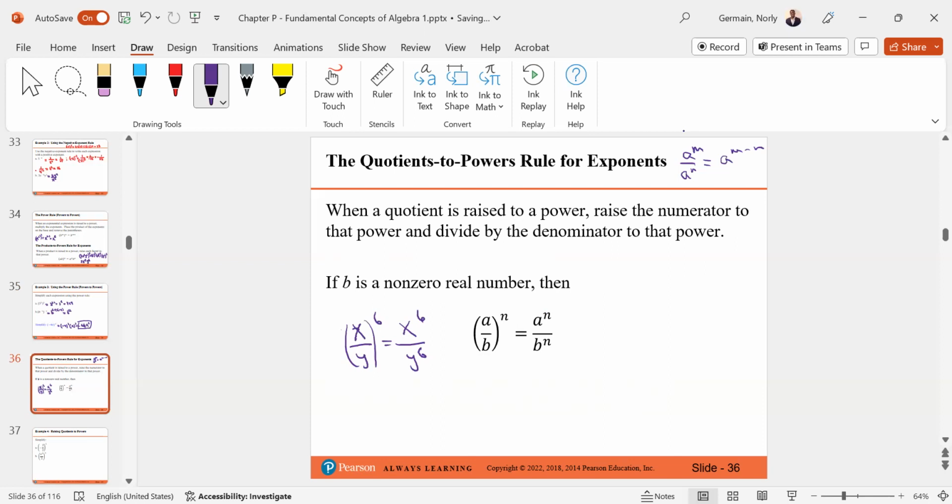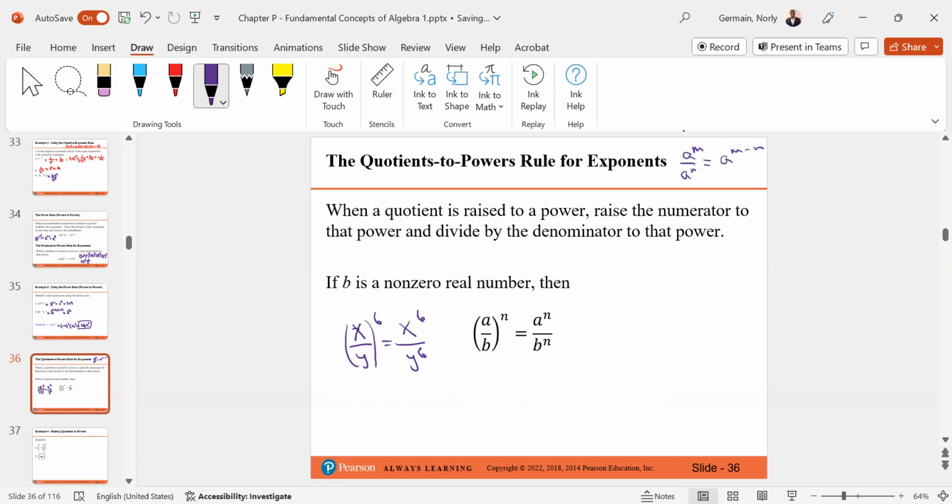Pay attention, especially if b is a non-zero real number. So (a over b) to the power n is a to the power n over b to the power n. So when a quotient is raised to a power, raise the numerator to that power and divide by the denominator. So we can have many big expressions we can use afterward.